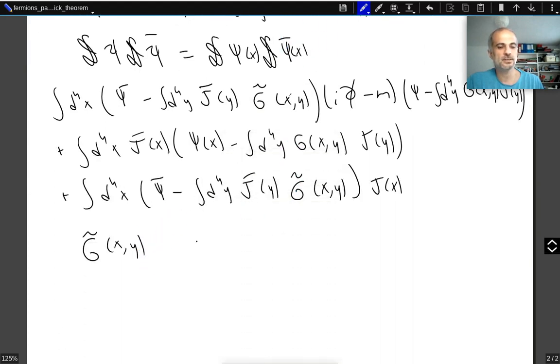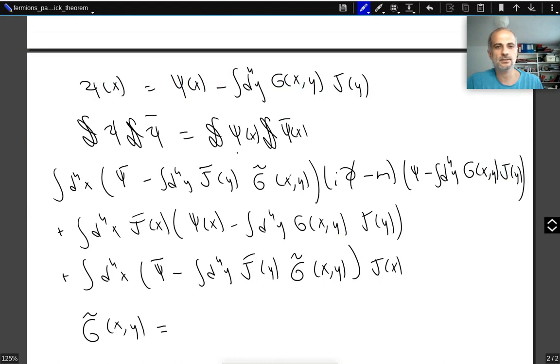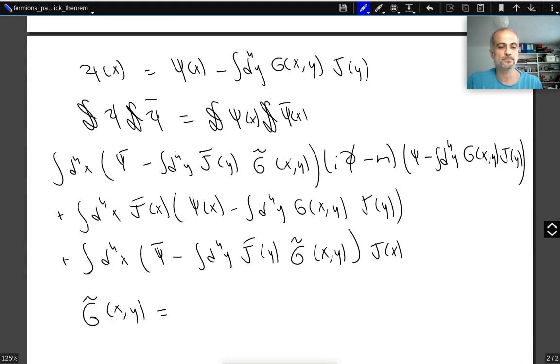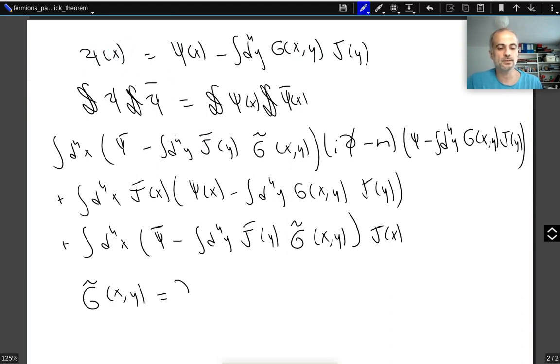And this G tilde is defined as, you see, we obtain G tilde when we convert psi to psi bar, but psi bar is just psi dagger multiplied by gamma 0, so it's j bar. So this is just gamma 0, G dagger x, y, gamma 0.